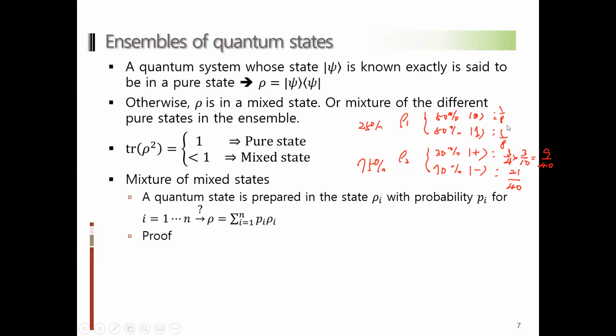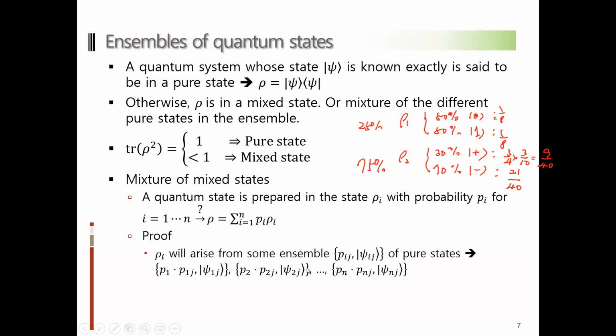You can actually consider multiplying this probability to |0><0|, and then multiplying this probability with |1><1|, and then multiplying this probability with |+><+|, and similarly for this one. If you just consider such a situation, then what you are actually doing is multiplying this probability to each of these.